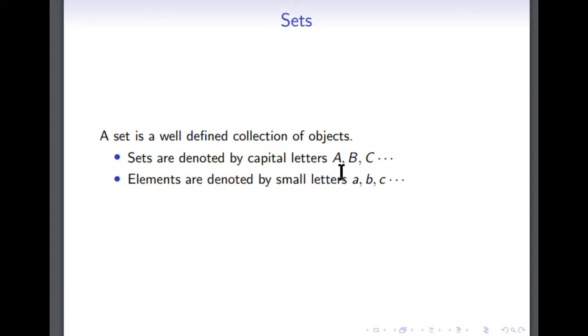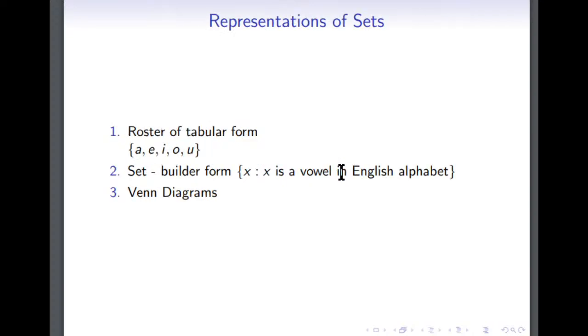Now let's go further. How do we represent sets? There are various ways in which we can represent a particular set. You have studied in class 11th that the first way of representing a set is roster or tabular form.